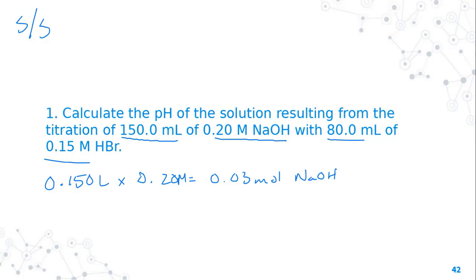And then let's do the other side for the acid: 0.080 liters times 0.15 molarity. So 0.012 moles of acid.